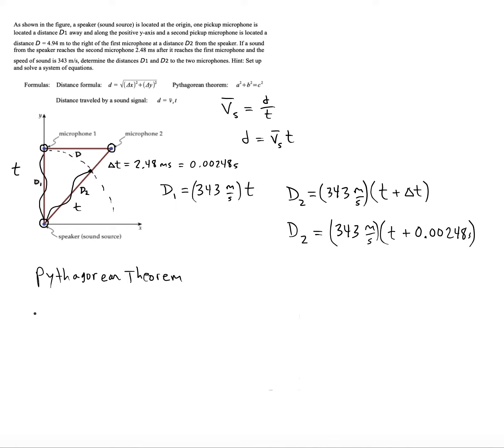So d1 squared plus d squared equals d2 squared. And we know that d is 4.94 meters. This is good because we have now 3 equations and 3 unknowns, so it is actually solvable.